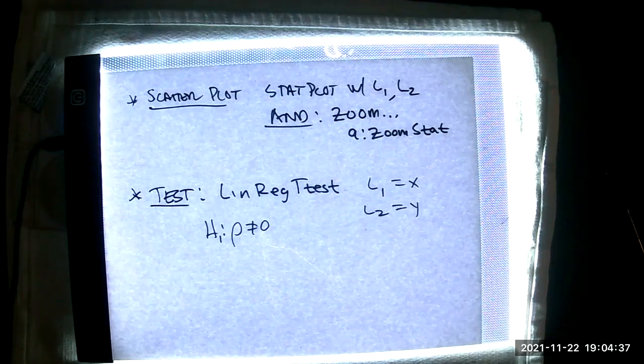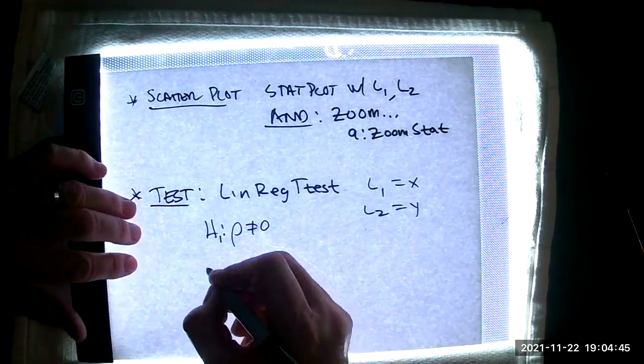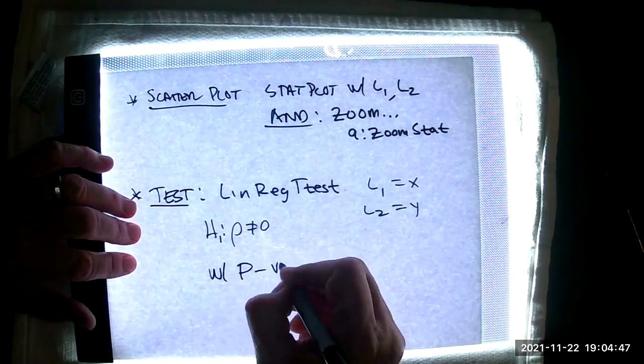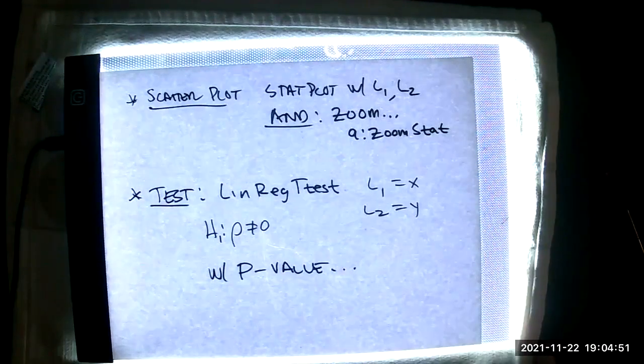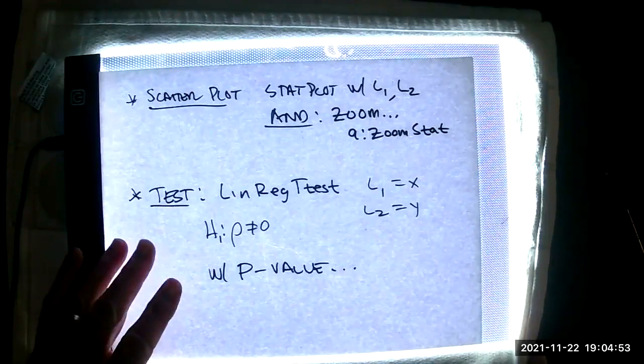There's a beta in there, just ignore it. There's also a little place for the quote-unquote regression equation. Just leave it blank. And you're going to use this with a p-value approach. If we reject the null hypothesis, we're good to go and begin the good work in section 10.2, where we have the regression equation.